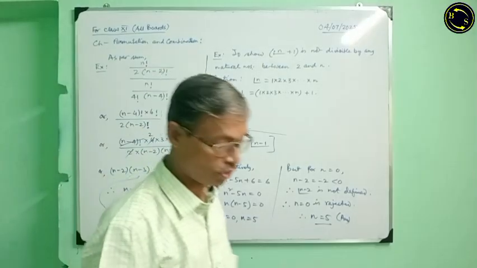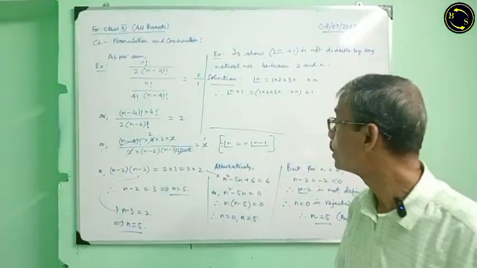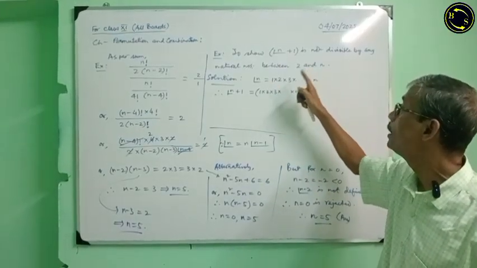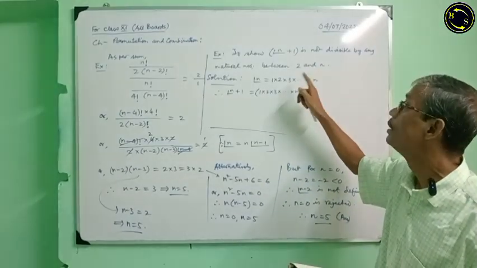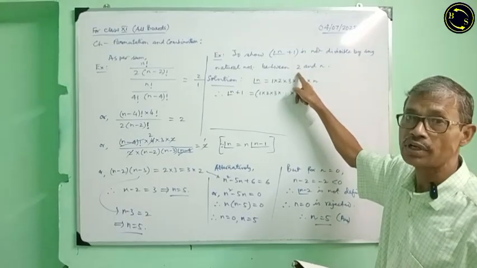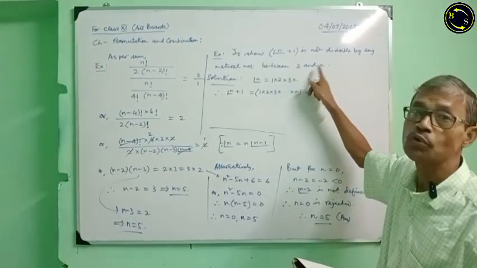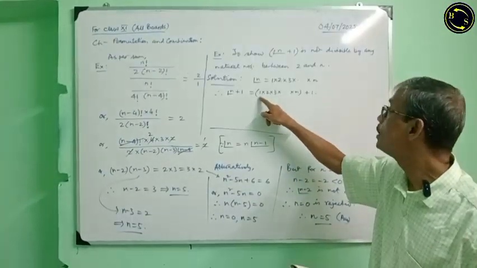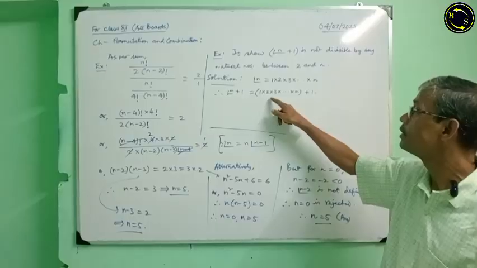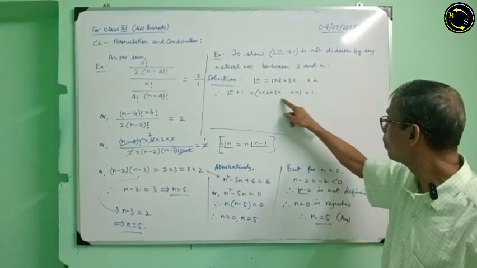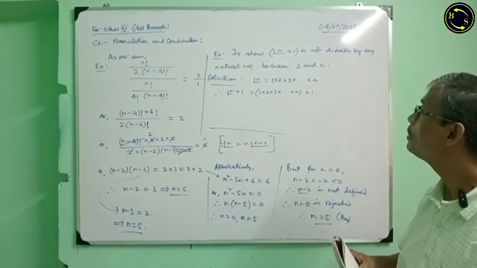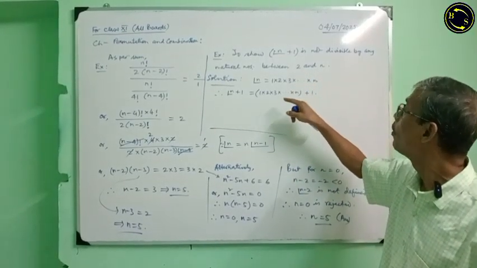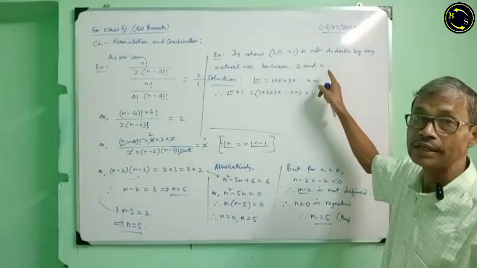here you have to be careful about the logic. This is divisible by any number starting from 2, any natural number or integer starting from 2 to n. Now if I add 1, therefore it is easy to conclude that this number is not divisible by any of 2 to n.